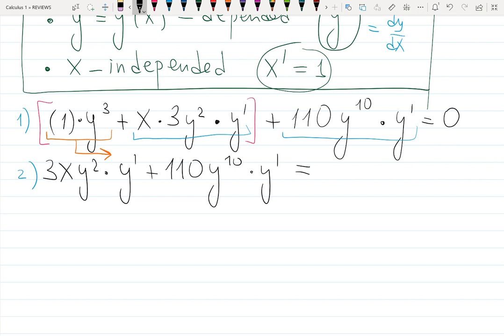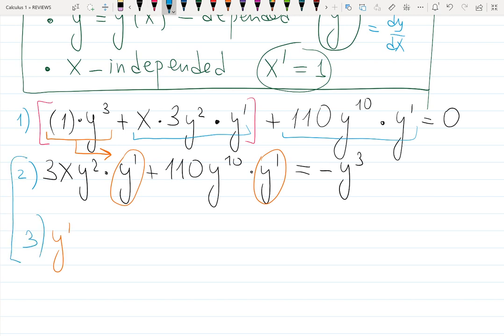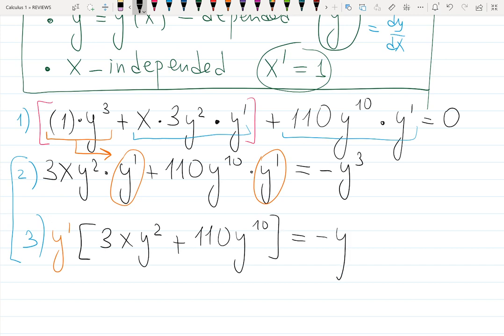I will change the sign. It will be negative y cubed. Now I'm locating y primes again and factoring them out. That's step 3. Some people combine step 2 and step 3 in one if you're already fluent with implicit differentiation, and that will save you time. y prime times 3x y squared plus 110 y to the 10 equals negative y cubed.